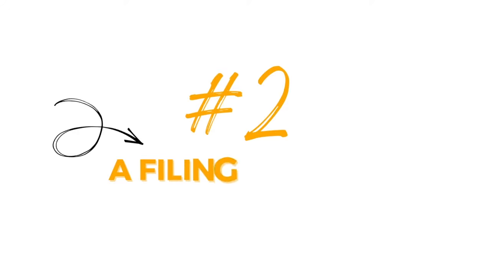The second thing I use, and something for you to consider, is to have a filing routine. When I say routine, it can mean a few different things to different people, but what I mean here is creating a system in which you file certain things all of the time.